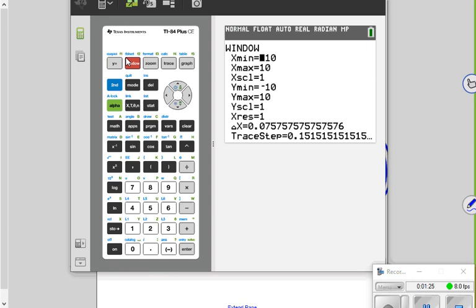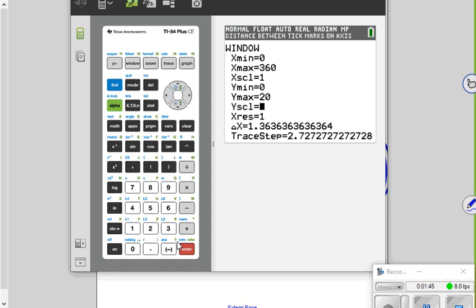For the x-min and x-max, we're going to go 0, enter, 360, enter. For y-min, we're going to go 0, y-max, 20. This will set the window up so that we see the graph now.